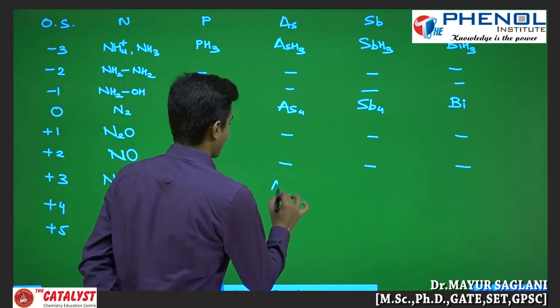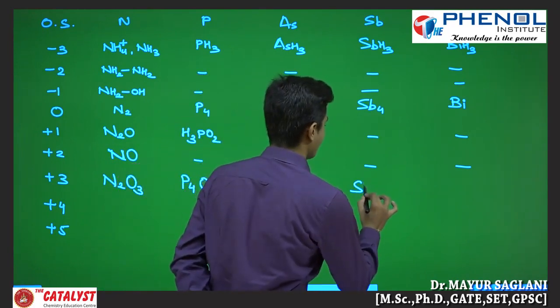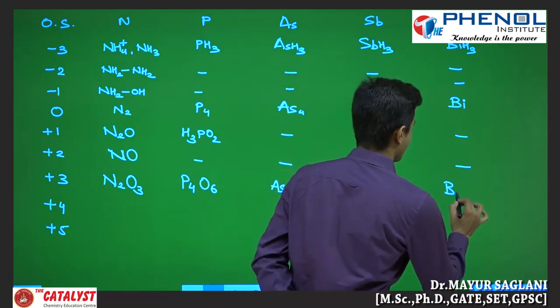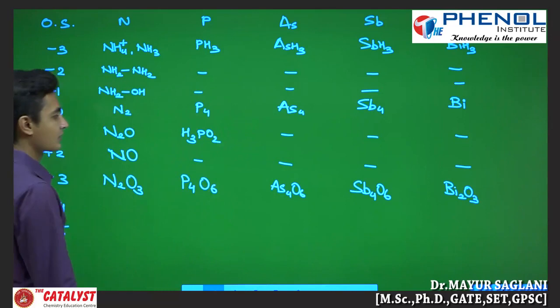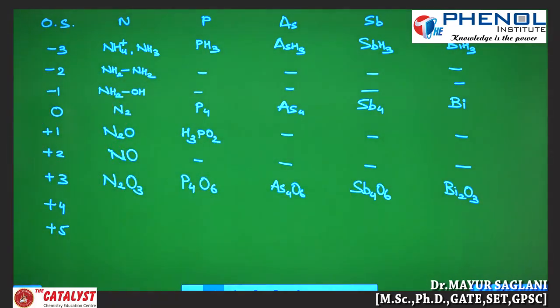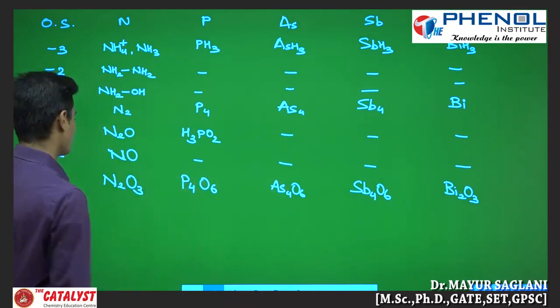Then As4O6, Sb4O6 and Bi2O3. We write dimers for phosphorus, arsenic and antimony, but not for nitrogen and bismuth, because they are stable as Bi2O3 and N2O3.